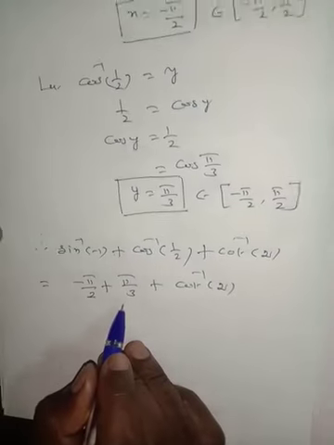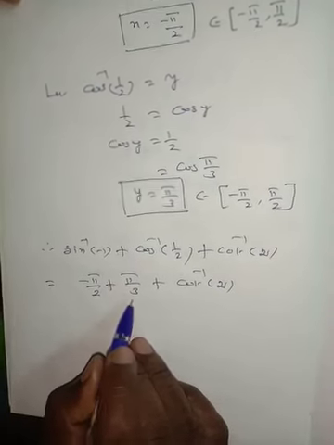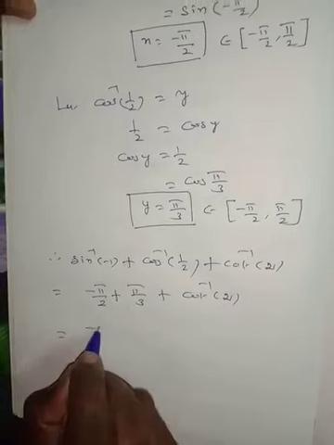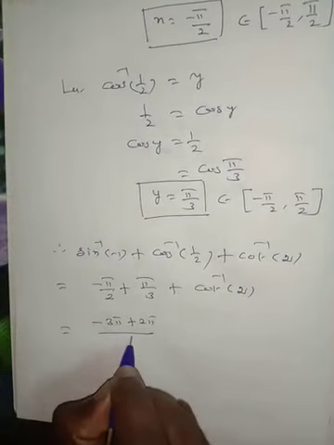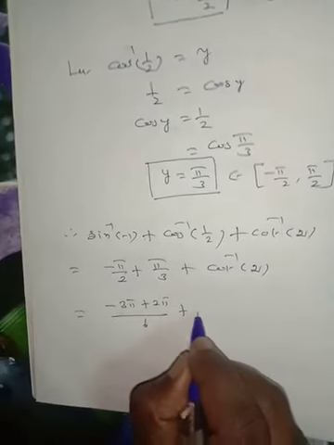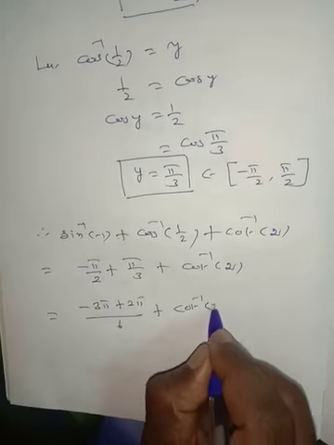Taking LCM we get minus 3 pi plus 2 pi divided by 6 plus cot inverse of 2.